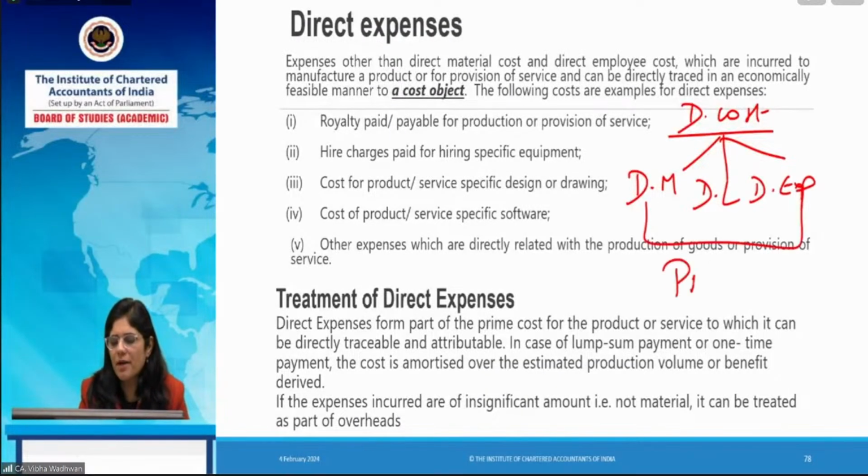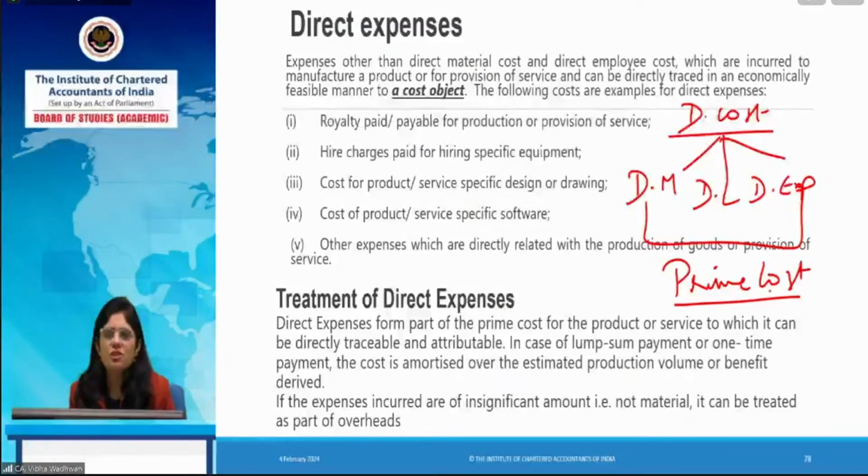Together they form part of prime cost, which we'll be understanding when we do cost sheet. This is the first important landmark of a cost record, the prime cost. Prime cost is 100% direct. We also call direct cost as prime cost. It's primary cost. Clear? So there are three elements: direct material we have done, direct labor we have done, and now it's direct expenses.